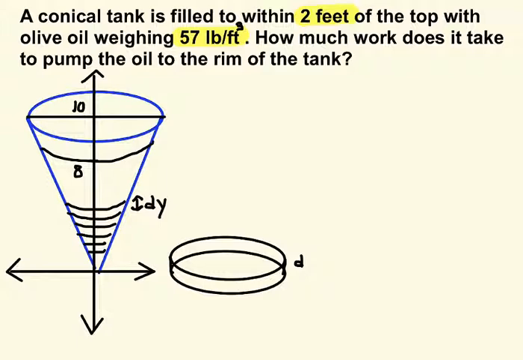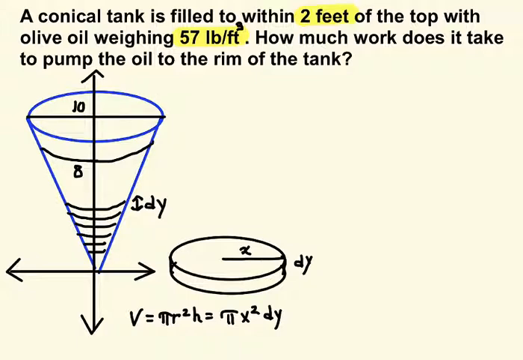Its height is delta y. It has a radius of x, whatever x happens to be. And its volume is the area of the top, which is pi r squared, times its height, which is pi x squared times dy. All right? So that's the volume.